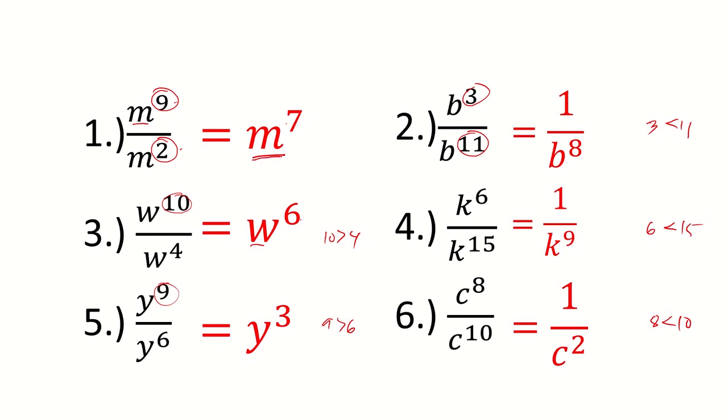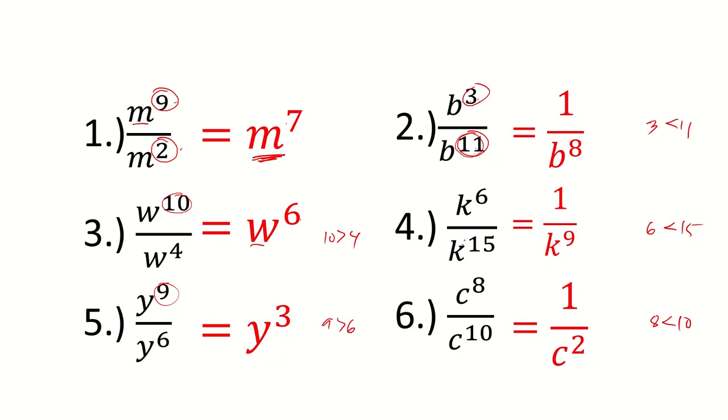So that's why we also put the result here in the numerator. Dito, we know that 11 is greater than 3. So that means hindi natin ilalagay sa numerator yung b natin, but instead, dito sa baba, kasi nasa baba naman yung ating b to the power of 11. And 11 is greater than 3, as I said.